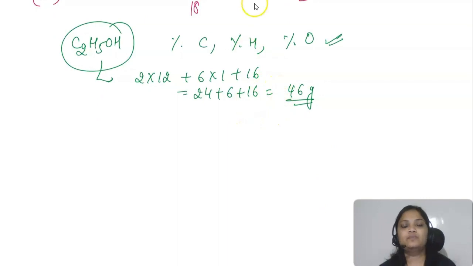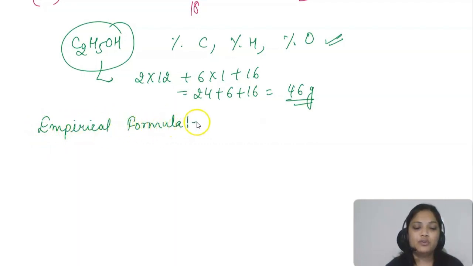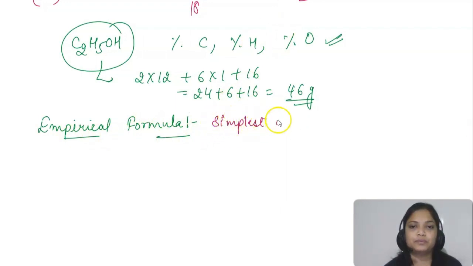Now, how is this percentage composition helping us out? This percentage composition helps us to find out the empirical formula of any compound. Now, what is empirical formula, class? You know the empirical formula actually tells us about the simplest ratio, or you can say the simplest whole number ratio, of the various atoms which are present in the compound.